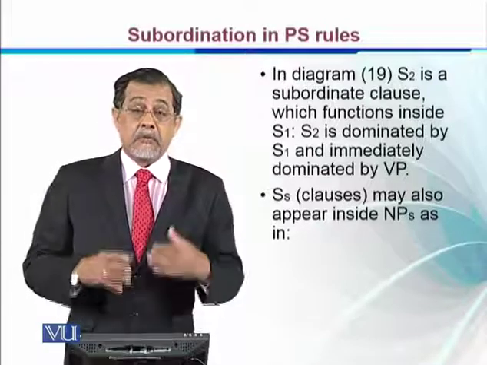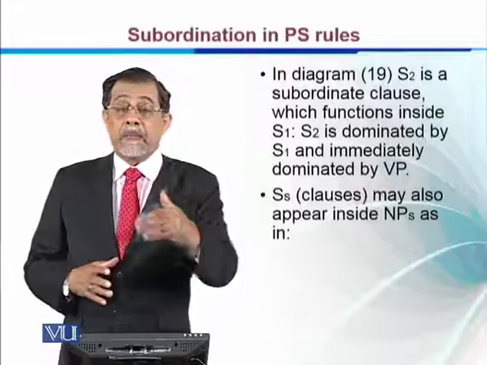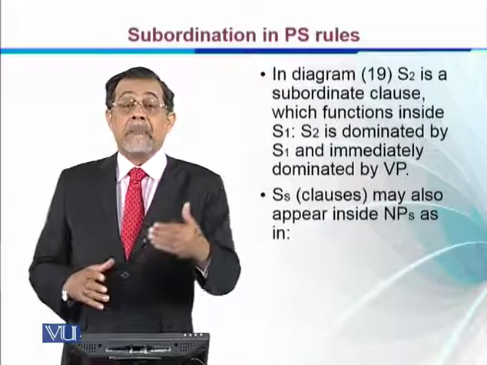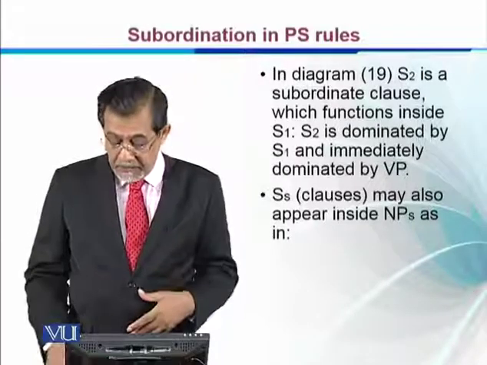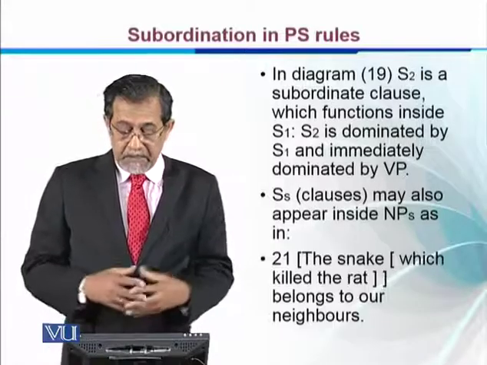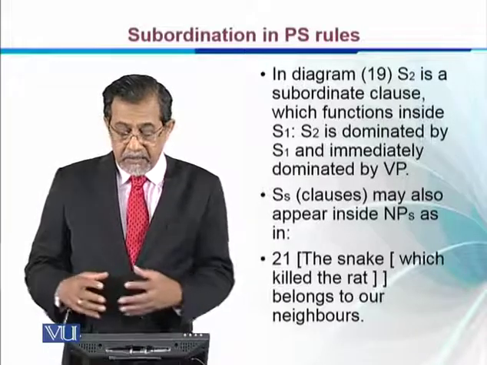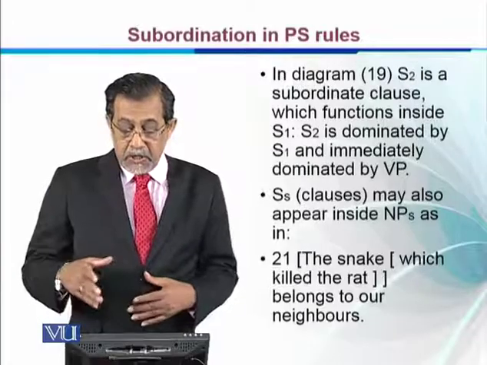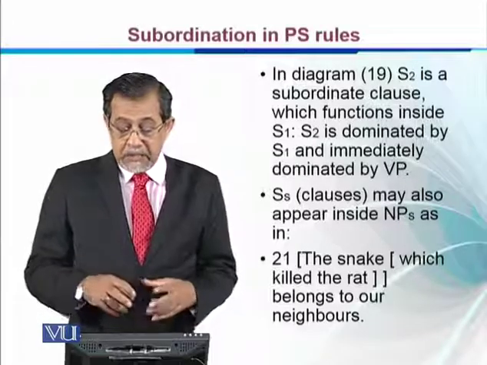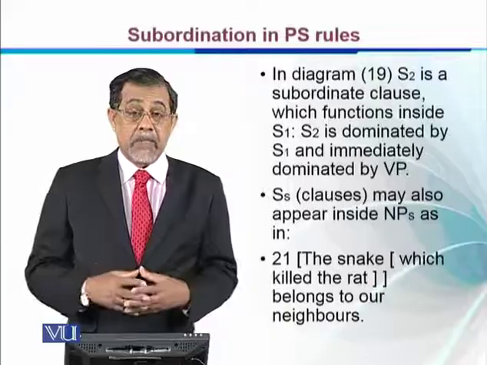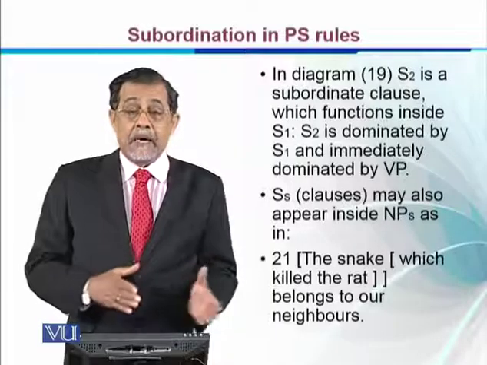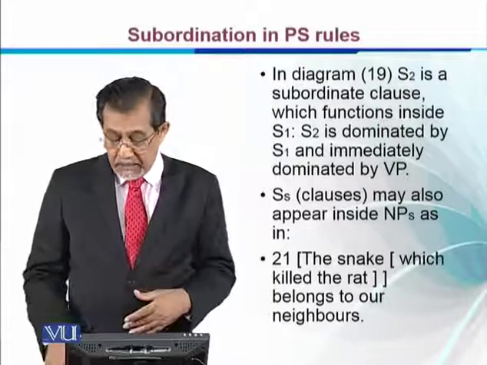So S does not only come under VP, it may come under a noun phrase or N. For example, "the snake which killed the rat belongs to our neighbors." In this sentence, "which killed the rat" is a subordinate clause. It has come under the noun phrase, "the snake."